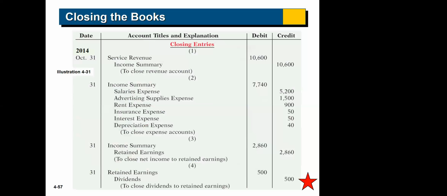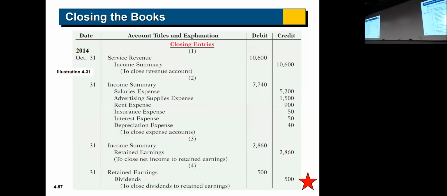So on the side, if we're looking at a T account of income summary, this is kind of how it will look. After we do that first entry, we're going to credit income summary $10,600. Do you see that here? Income summary credit $10,600.